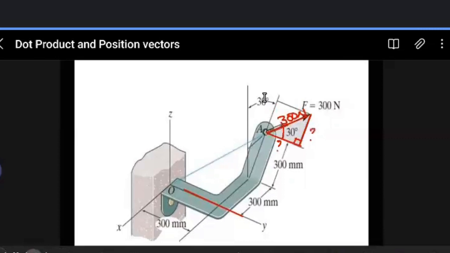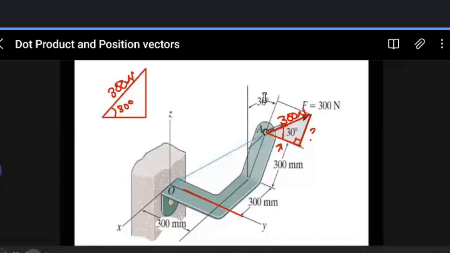Now, notice the first one, this part at the bottom. This part at the bottom is side by side with the 30, so it is going to be related by cos. The one at the bottom, we have the 300 here, and then we have the 30 degrees here. The one at the bottom is adjacent to the angle, so we're going to use cos for this one.